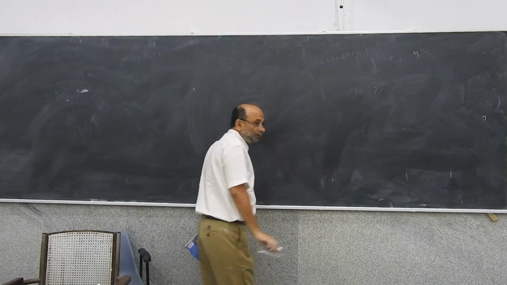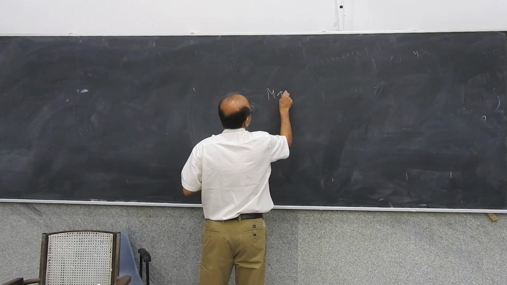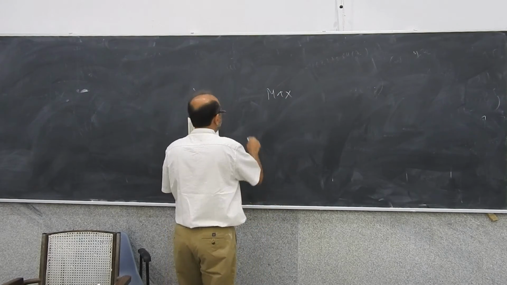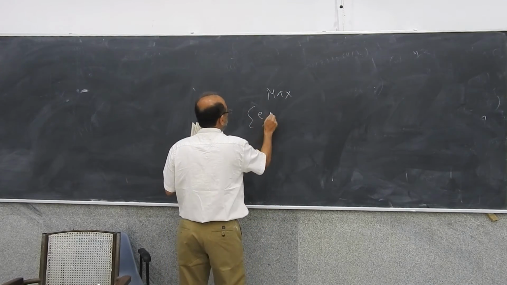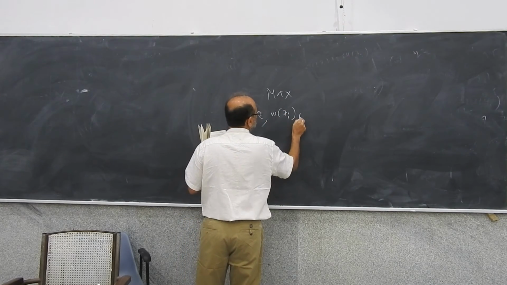So the principal's problem then is to maximize. What does he have to do? Choose E, W of xi.